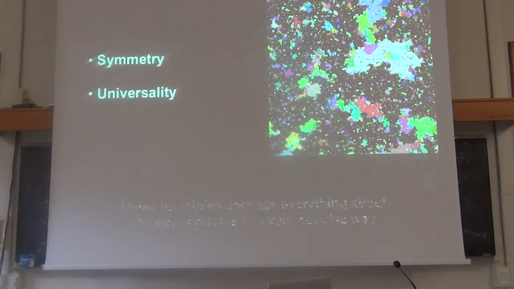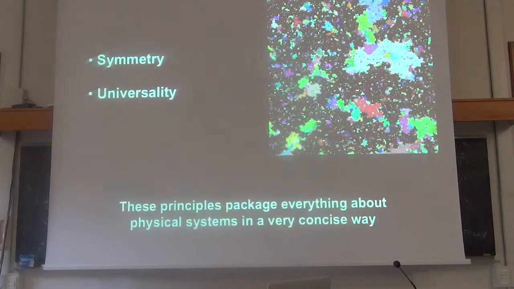So these two principles essentially are everything you need to package all the physical properties of systems. Okay? So just two basic principles. Now symmetry means that you have to look at a certain model, and with certain ingenuity, with certain smartness, with certain intuition, you have to understand what is the parameter that might characterize the different phases of matter.